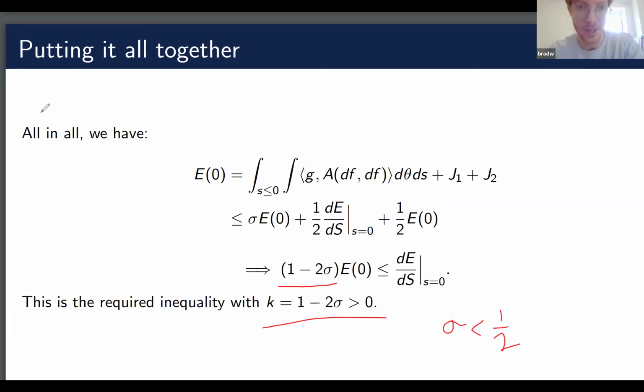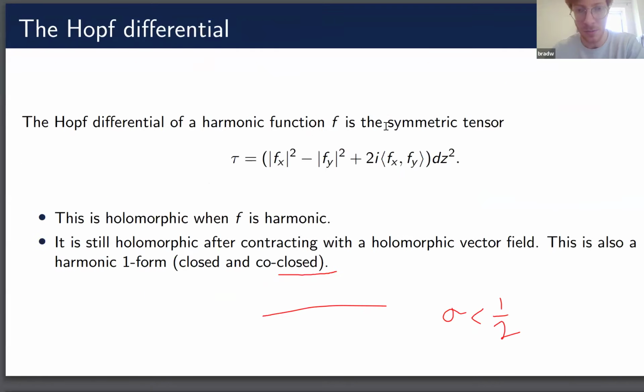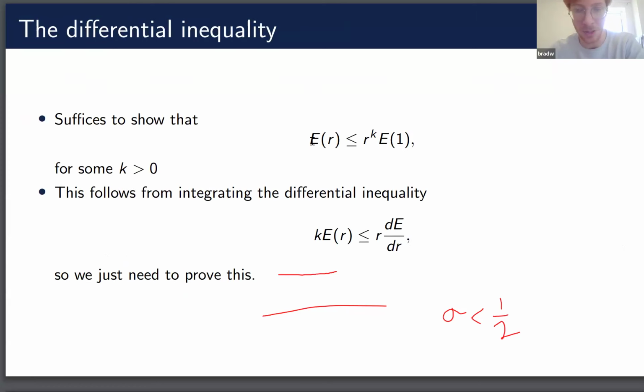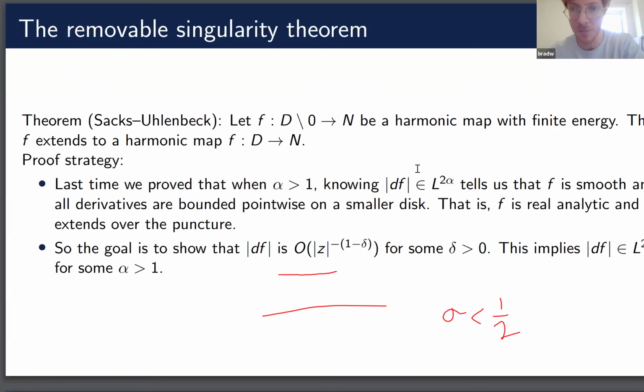Just to recap, we were wanting to prove this so that we could get a bound on how fast the energy decays with the radius, which implies that the norm of df is inside this suitable Sobolev space L2 alpha for some alpha greater than 1.